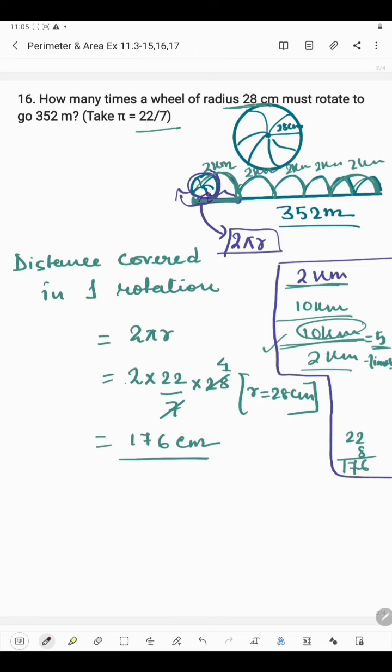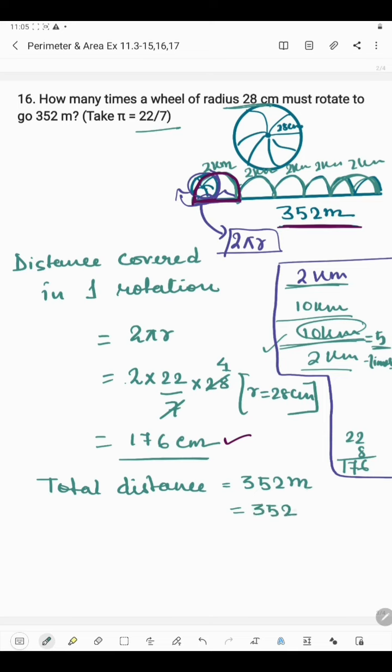So the distance covered in one rotation by the wheel is 176 centimeter. That means if you see the figure from here to here, after one rotation it covers 176 centimeter. Now the total distance given is 352 meter. This is given in centimeter and this is in meter, so we have to convert it into centimeter.